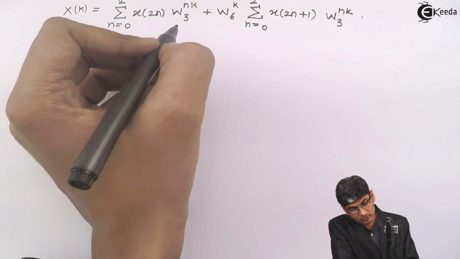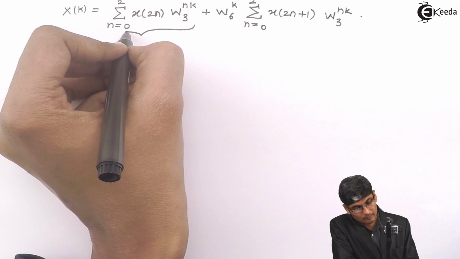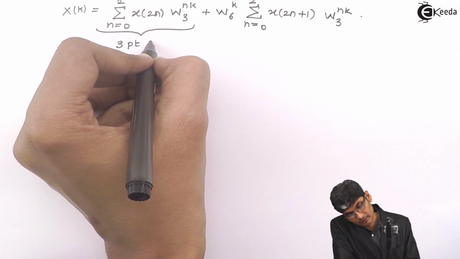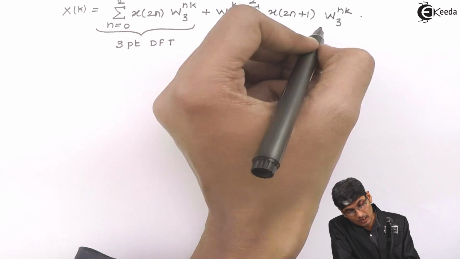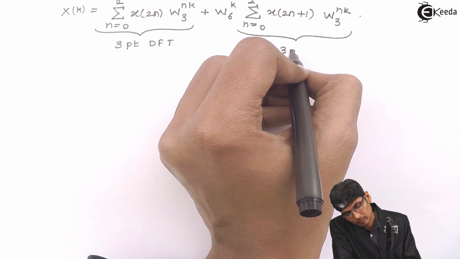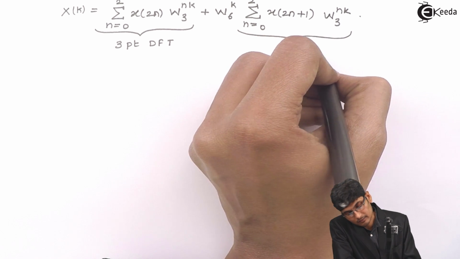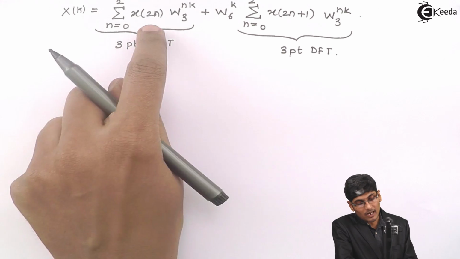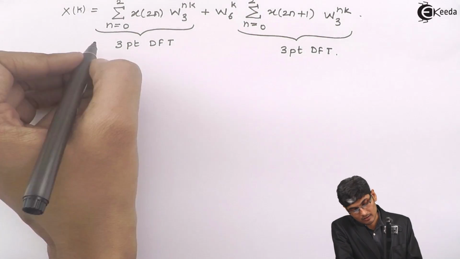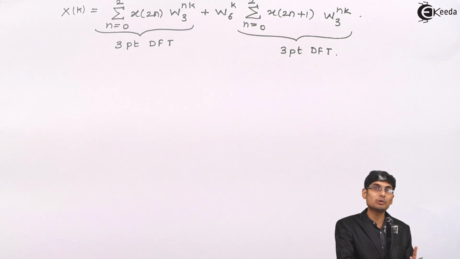Now, this value is a 3-point DFT, and this value is also a 3-point DFT. That means n will take the value 0, 1, 2.